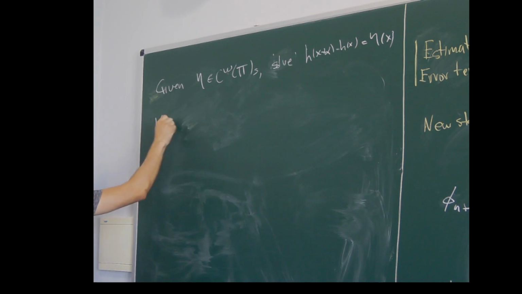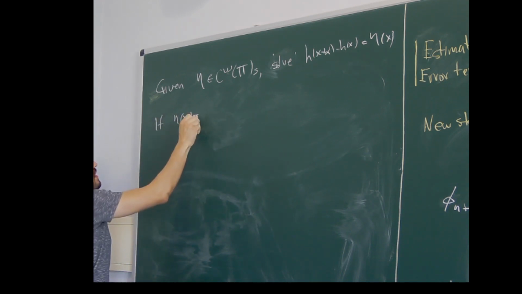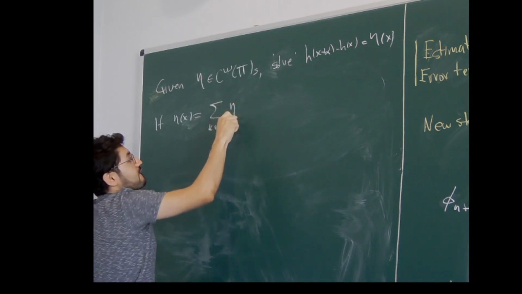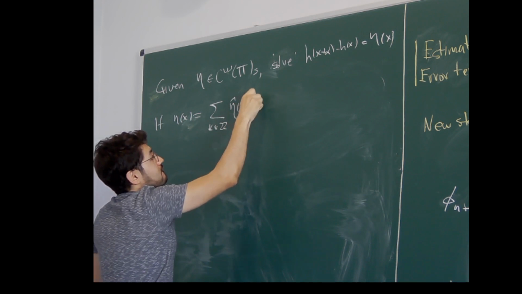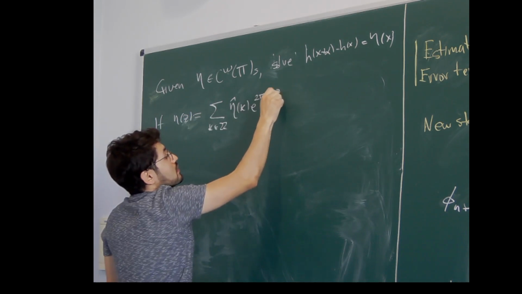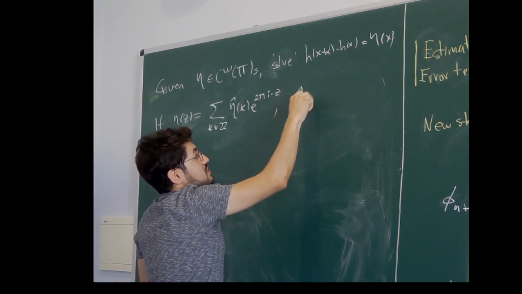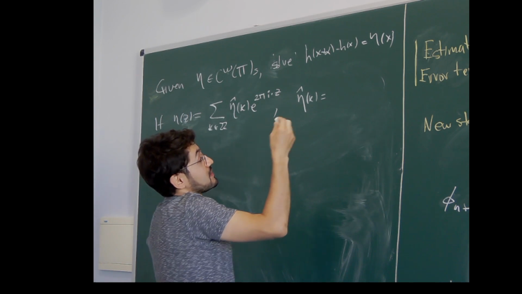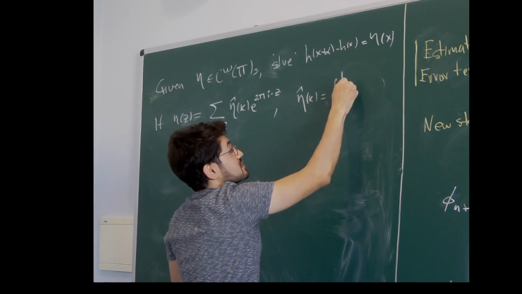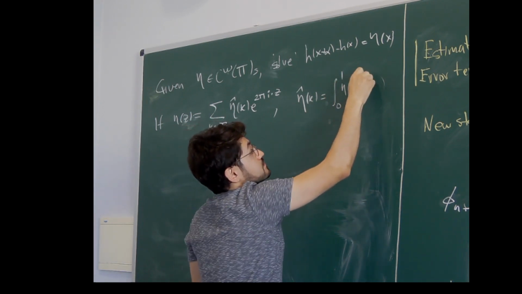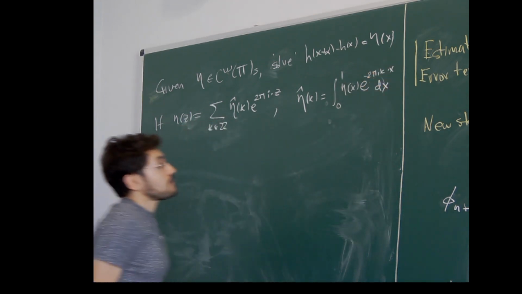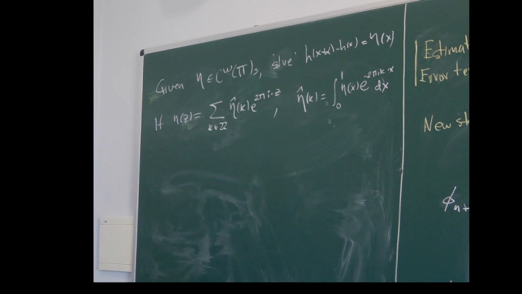So if I write eta(x) in its Fourier expansion, these Fourier coefficients, I hope I don't get the formula wrong. I forget if I have to normalize or not. You can always express your function like this.